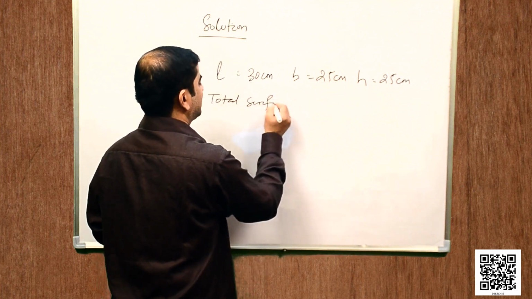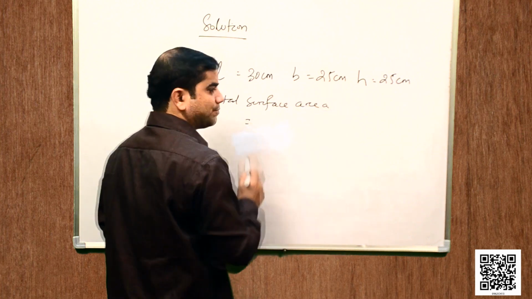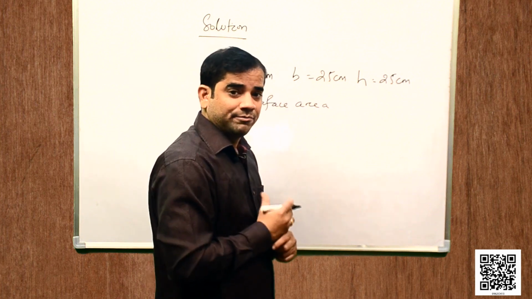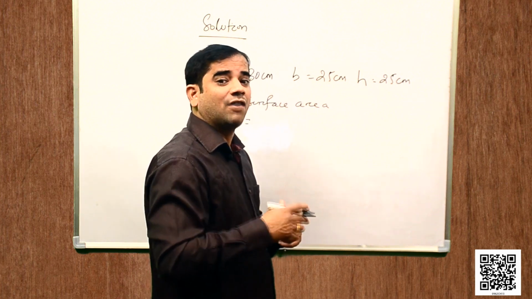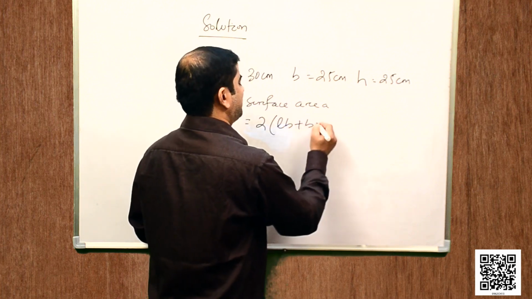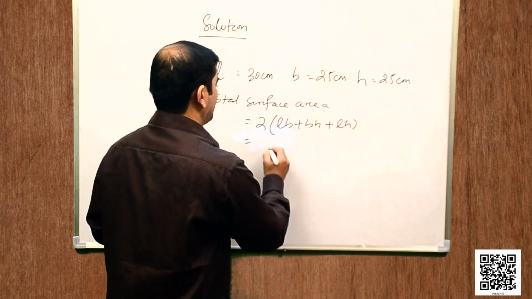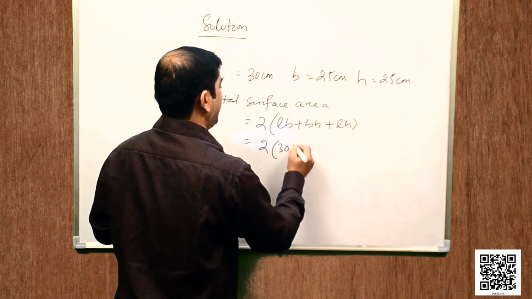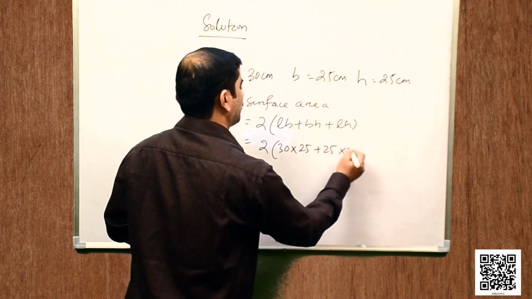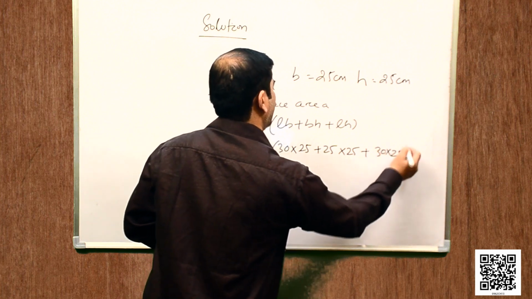It is a cuboidal shape, so the total surface area of a cuboid is 2 into LB plus BH plus LH. So 2 into 30 into 25 plus 25 into 25 plus 30 into 25.